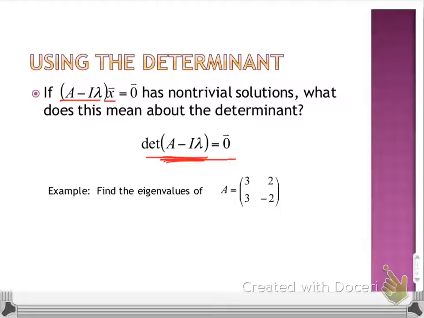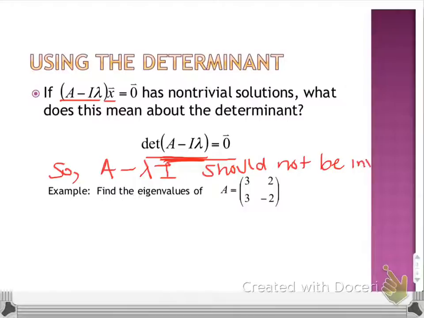I hope you sort of think about that, and hopefully that makes sense, okay? So in other words, A minus lambda I should not be invertible, okay? It should not have an inverse.